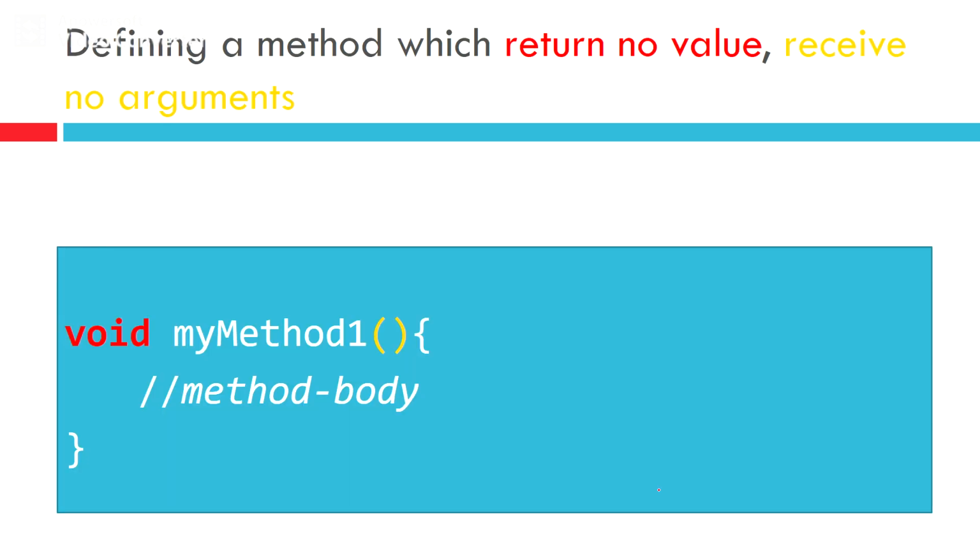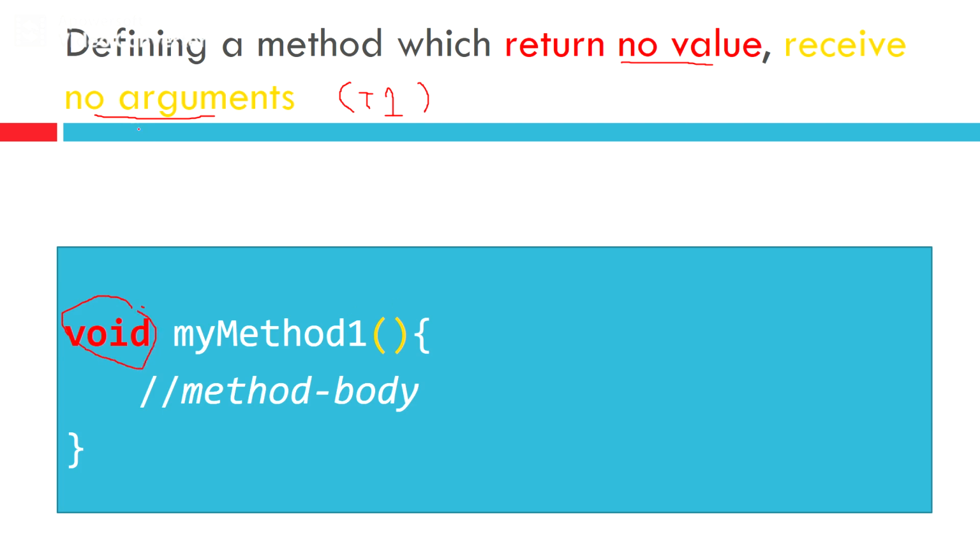Okay. Now defining a method which return no value and receive no argument. So this is type 1 method. Okay, type 1. Return no value, receive no arguments. So the general form is, because it does not return any value, so of course it's clearly a void return type.